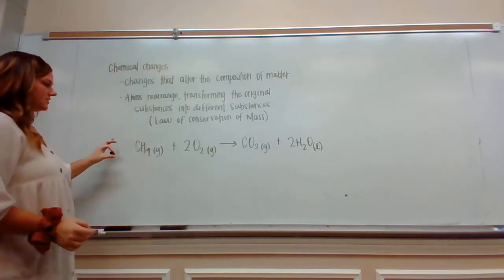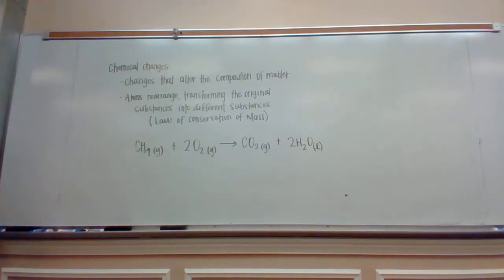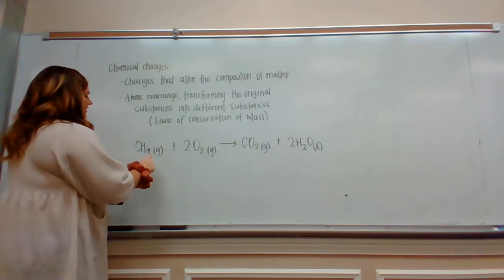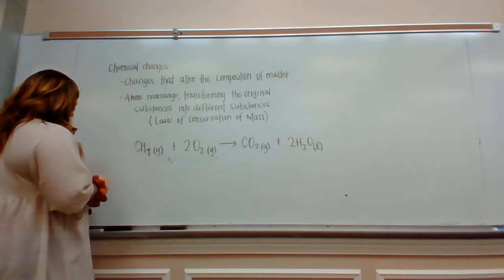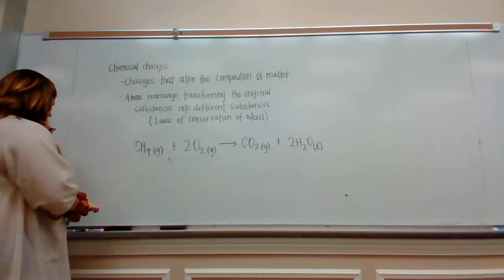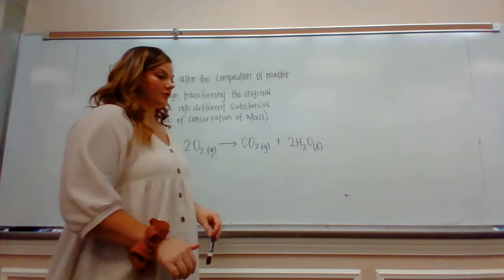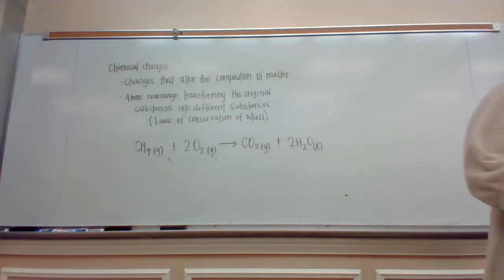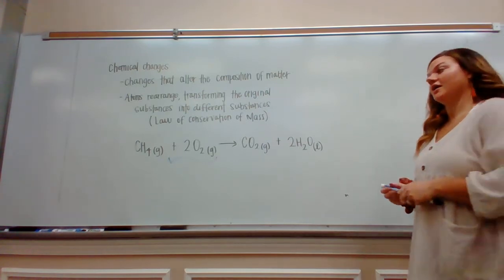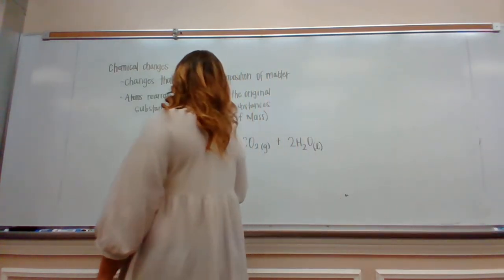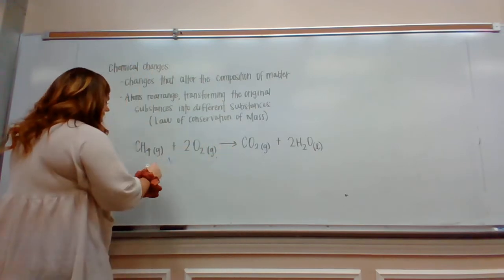All right, so this is what a chemical equation looks like. Here on the left, these are my reactants. I'm sure y'all know this, but I've had in the past, in Chem 2, we do a lot with this.